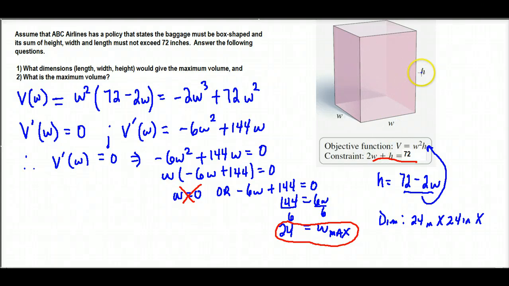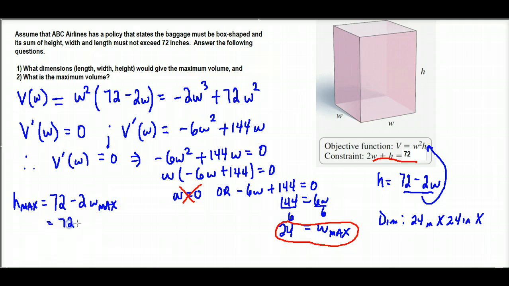Now we need to find H. So H max is just going to be whatever this was, because remember we wrote H as 72 minus 2W. So that's going to be 72 minus 2W max.